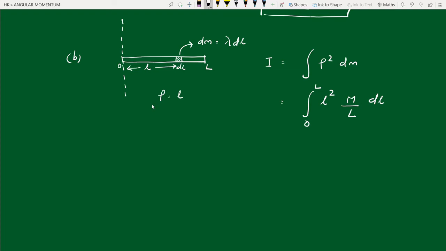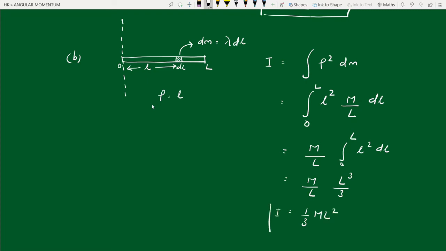Earlier we considered it from minus L by 2 to plus L by 2. Here it is from 0 to L. Take m by L outside. So we have integral 0 to L, l square dl. What is the result? M by L, L cube by 3. So we have 1 by 3 ml square.